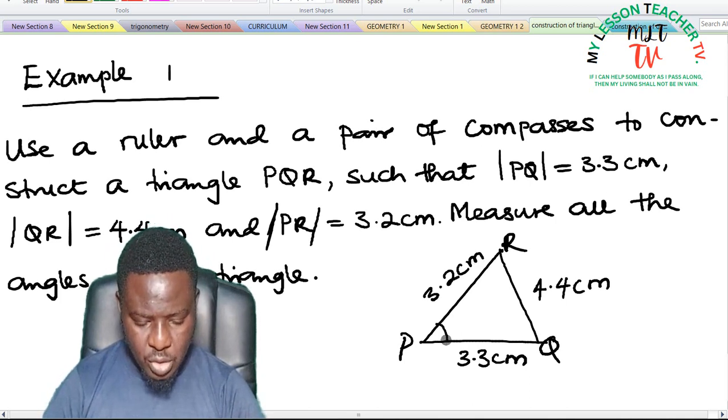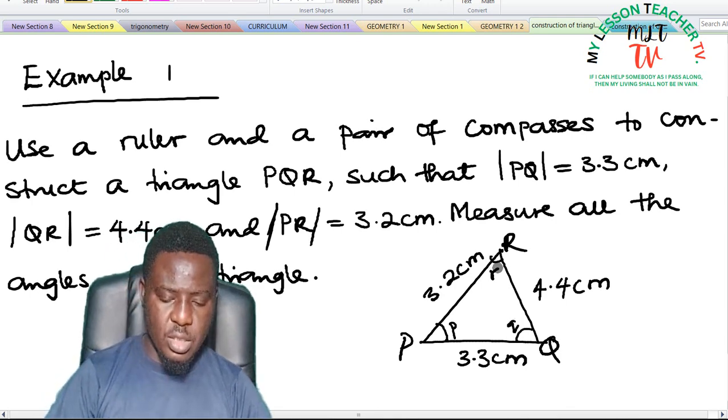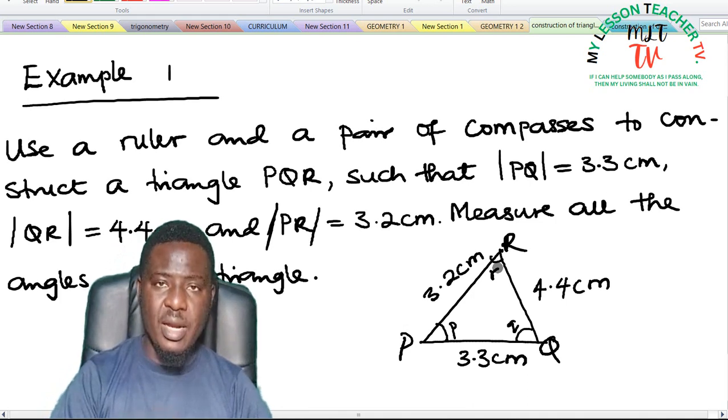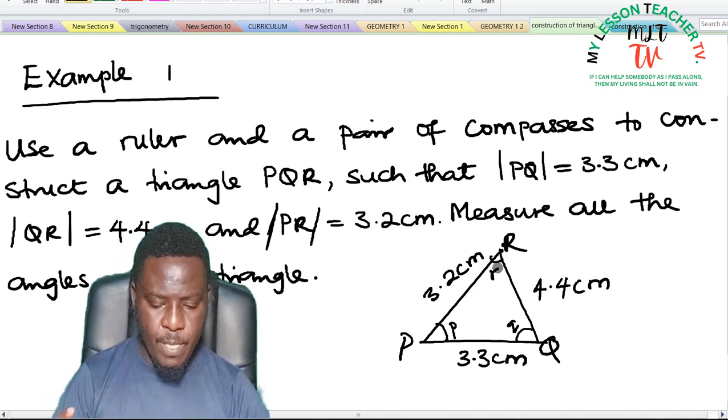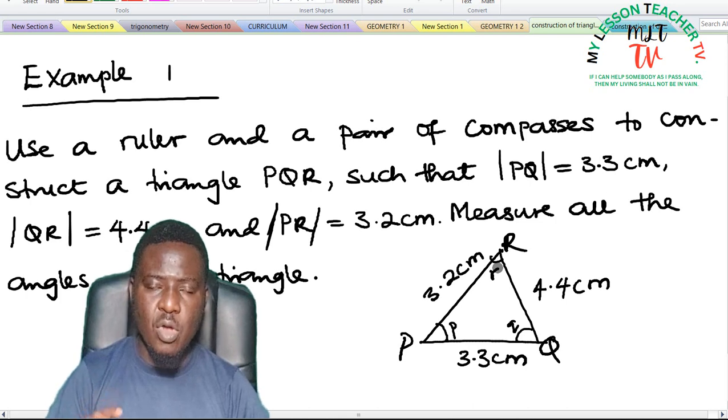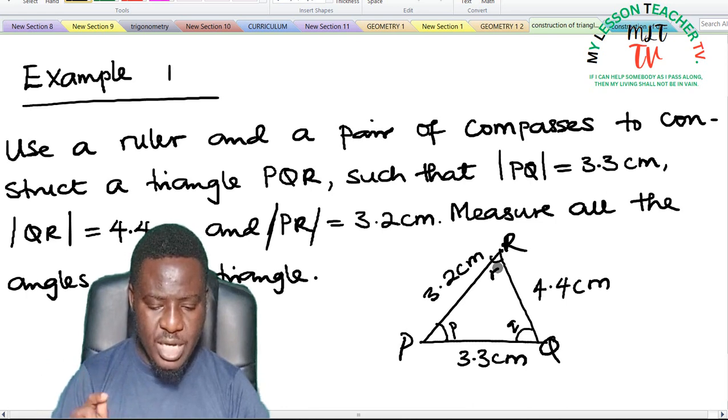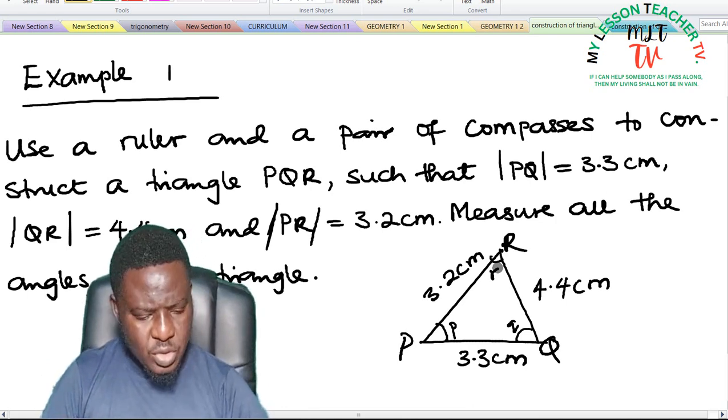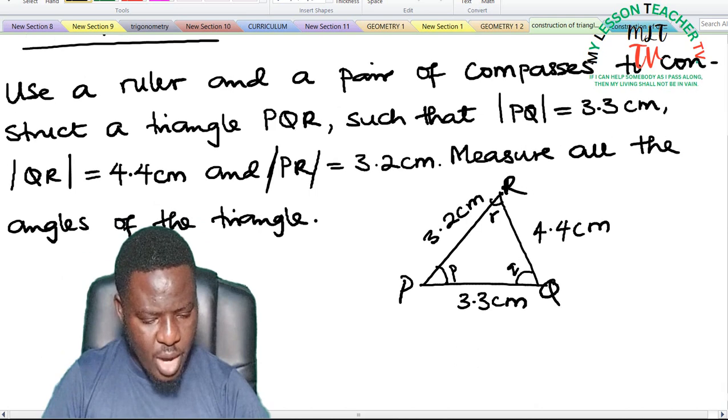That is, you have to measure angle P, angle Q, and angle R. For you to know that the answers are correct, the sum of the angles P, Q and R ought to be 180 degrees, for the sum of angles in a triangle is 180 degrees. So let's construct triangle PQR.